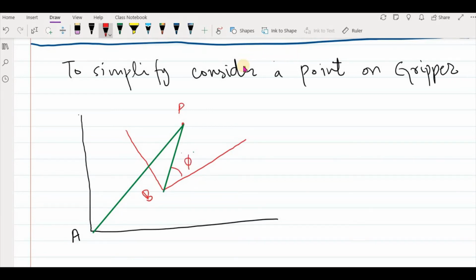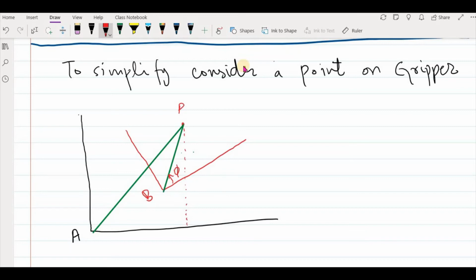Okay, first draw the y component. Then now we can draw the angles. So this angle is phi. So the orientation of point P in frame B is described by the angle phi.